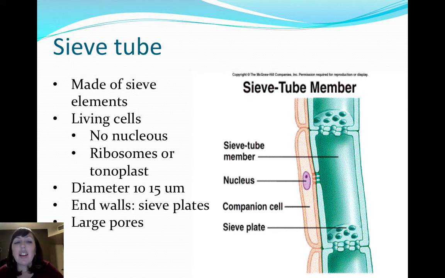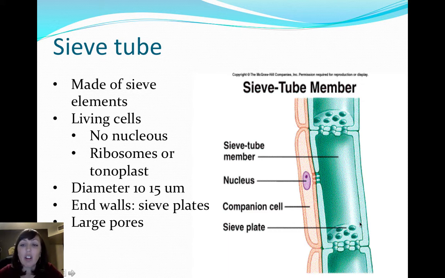And the interesting thing is that these are living cells, these sieve cells, but they have no nucleus, and they have no ribosomes or tonoplast. Okay, and their diameter is 10 to 15 micrometers. Okay, and the end walls of the sieve cells have sieve plates, right?